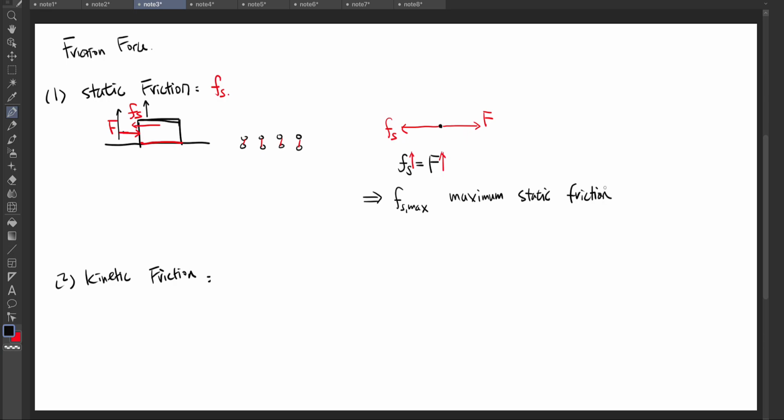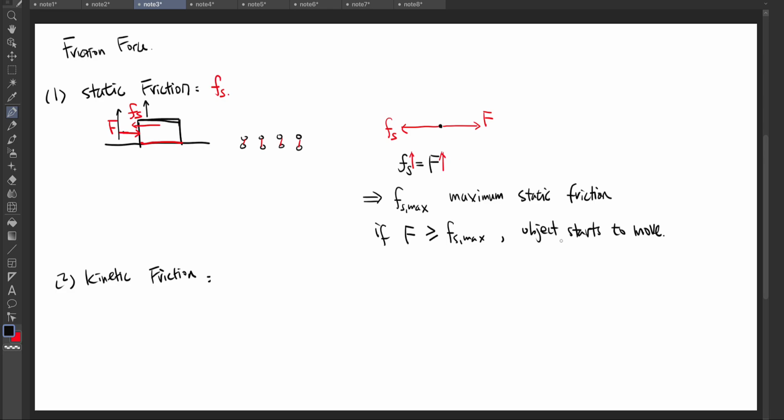That's the maximum value of the static friction. Once F exceeds that, if F is greater than or equal to Fs max, then the object starts to move, or starts to accelerate to the right side along the direction of the pushing force.